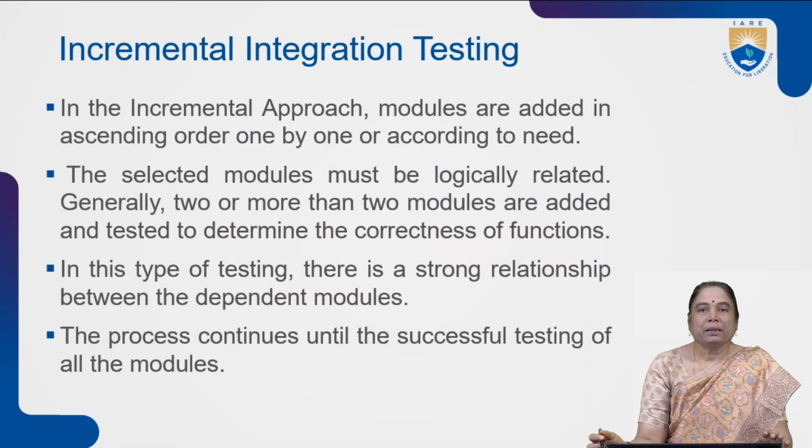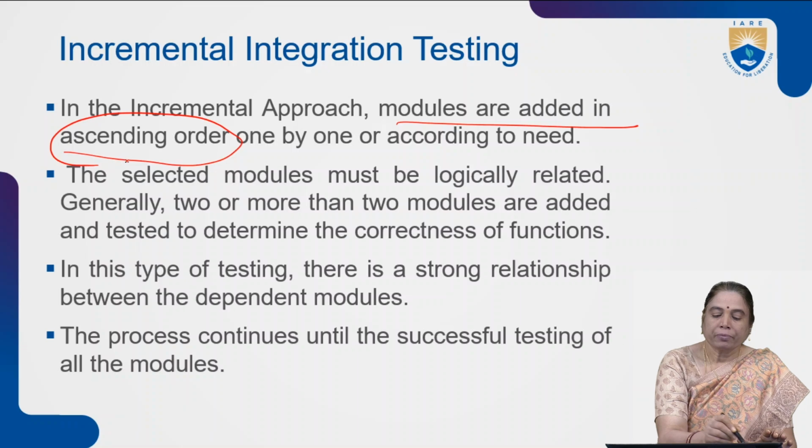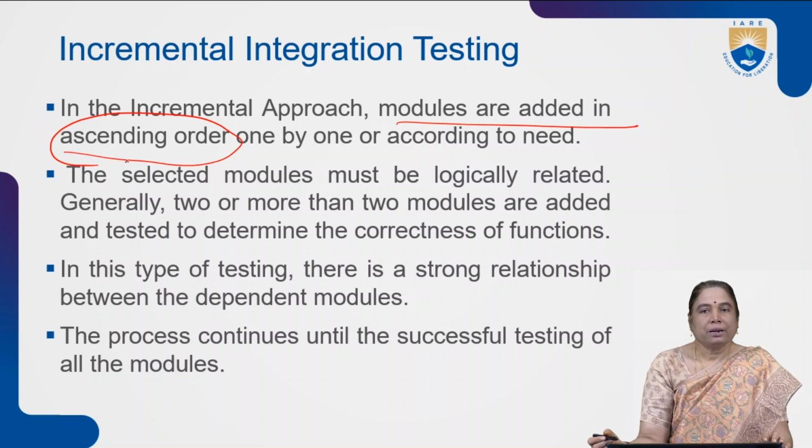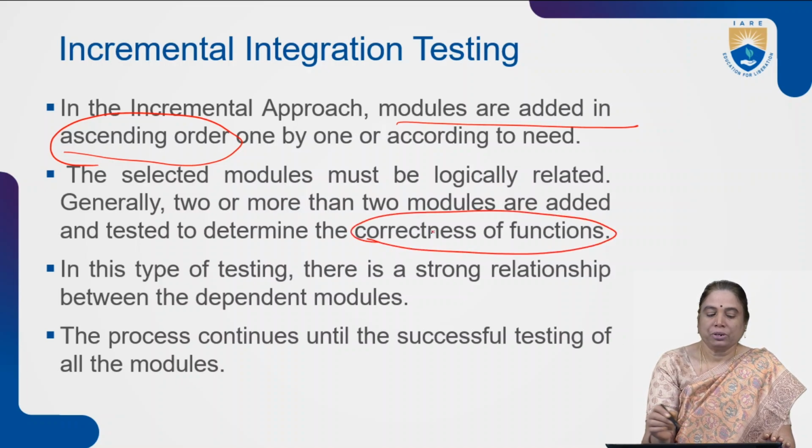What is incremental integration testing? In the incremental approach, modules are added in ascending order, one by one or according to the need. The selected modules must be logically related, and generally two or more modules are added and tested to determine the correctness of the functions.